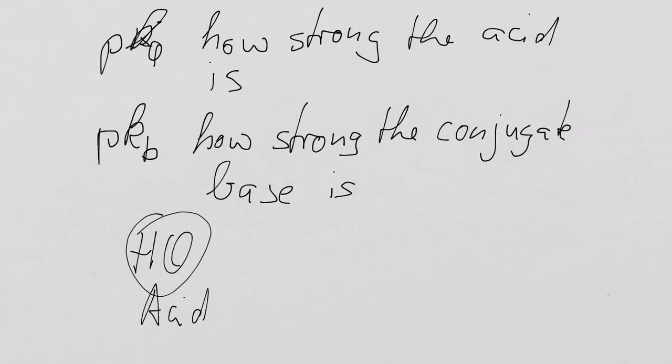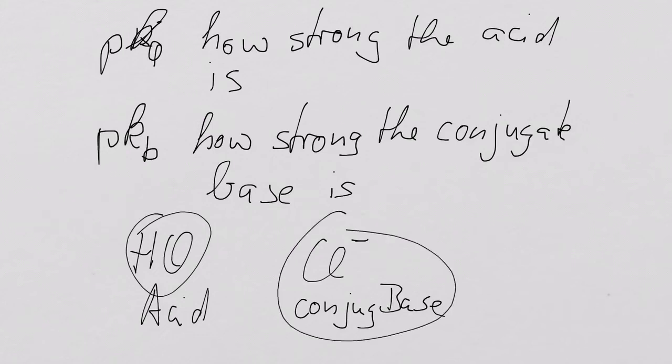Cl minus. Cl minus is the conjugate base. Remember, conjugate base means it's the acid minus a proton. Yeah, that's the conjugate base. So if I'm a very strong acid, my conjugate base is very weak.